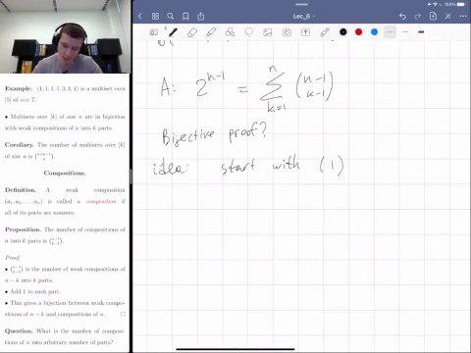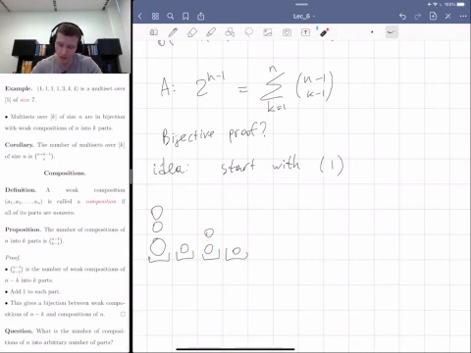So you place one ball at one spot, and then at each step you either add a ball to your last group, or you create a new group with one ball. So maybe I add, and then I create a new group, and then I create another new group, and then I add a bunch. Every time I make a choice of either adding a new ball to the last group or adding a new group.